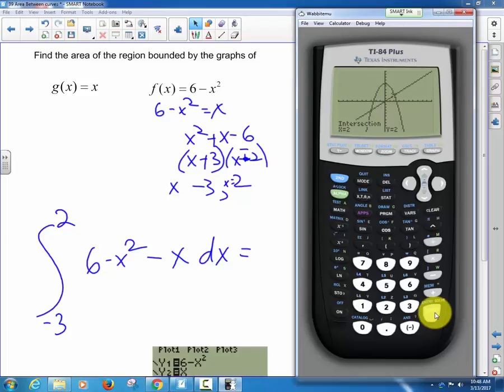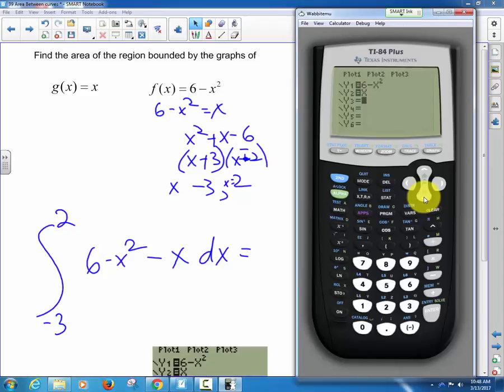Okay, so we haven't done anything challenging yet. How do we integrate these? Here's where it's probably something new to you. I'm going to go back to my Y equals, and we know we want to integrate top minus bottom, right? The top one is the first one, and the bottom one's the second one.